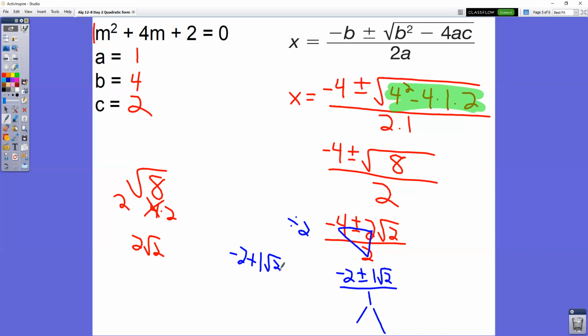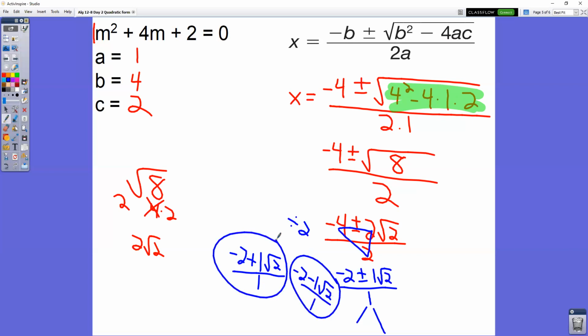You technically don't need that 1 out in front of it, over 1. Technically, in this one, you don't need the over 1 either. And then you would have -2 minus 1 radical 2 over 1. So these would be your 2 answers. Again, there's different ways that you could type them because you technically don't need the 1 in front of the square root symbol. You technically don't need the divided by 1 either because it's a 1.